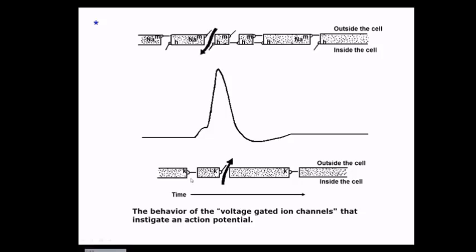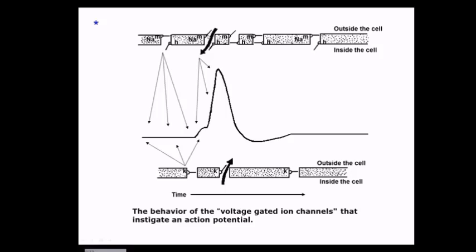So, let's go through this then. At rest, the sodium voltage-gated ion channel is closed. And so is the potassium voltage-gated ion channel. Now we get the threshold, and we fire an action potential. By getting to threshold, the sodium voltage-gated ion channel opens.